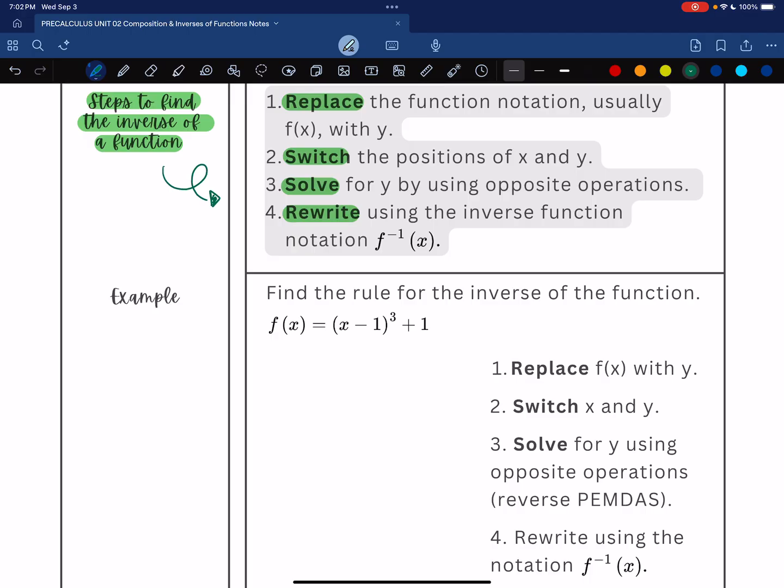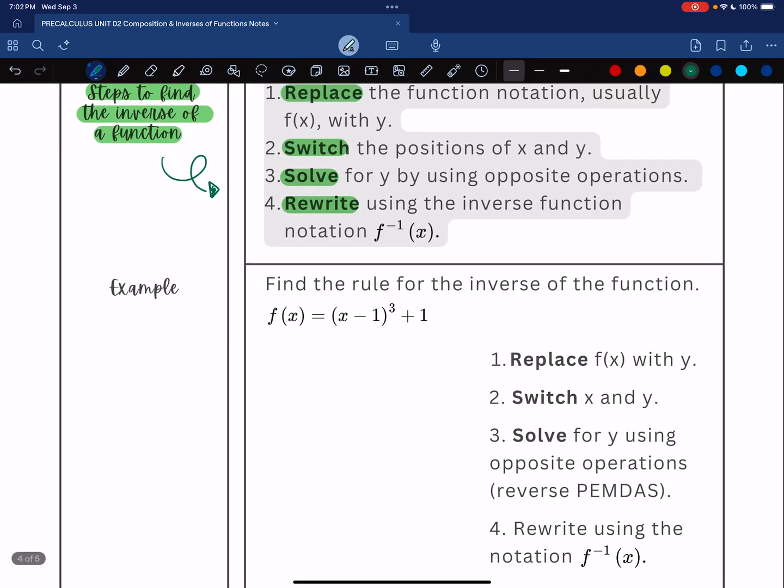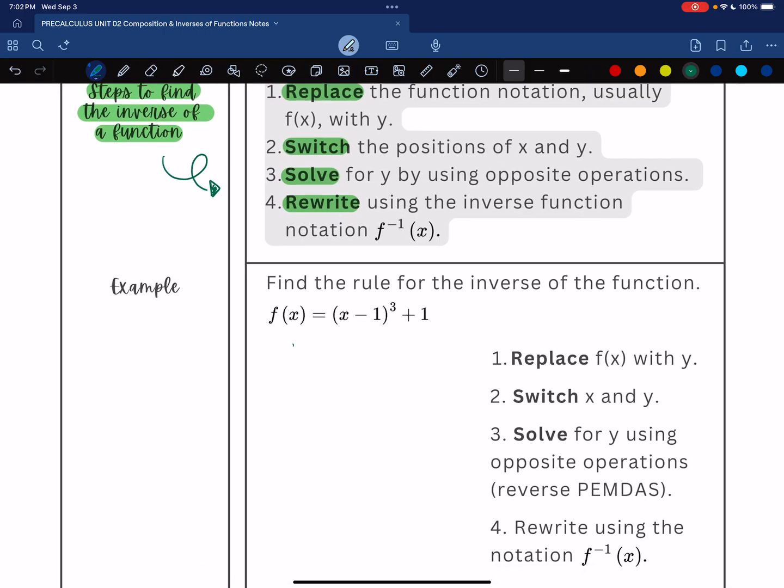So I'm going to come in here and instead of f of x, what we're going to write instead is y. And then the rest of it, just like it was, equals x minus 1 cubed plus 1. So that's your first step.